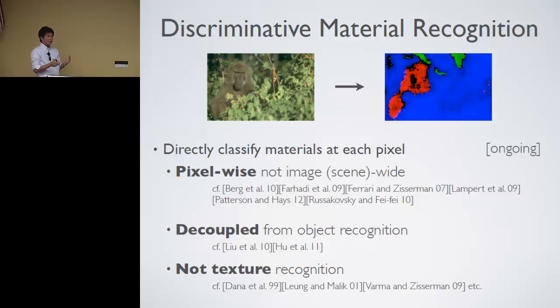Our ultimate goal is to recognize the material so that we can use it as a context to help high-level scene understanding, including object recognition. So we really don't want to rely too much on object information. The goal is to do discriminative material recognition at the pixel level without knowing and using much information about the geometry or object.